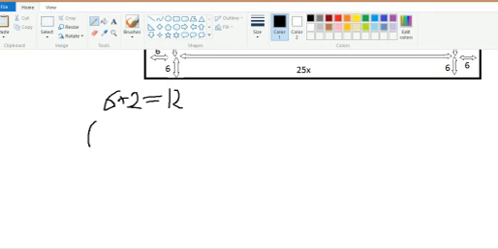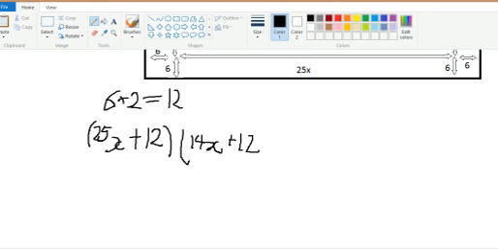In order to find the area, we then express it like this. 25x plus 12 multiplied by 14x plus 12. Alright, so this should remind you of the form that we did in the very first part of the video, which is ax plus b times cx plus d. In this case, we would FOIL.